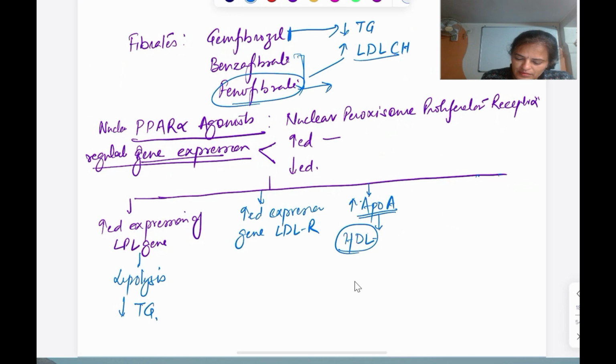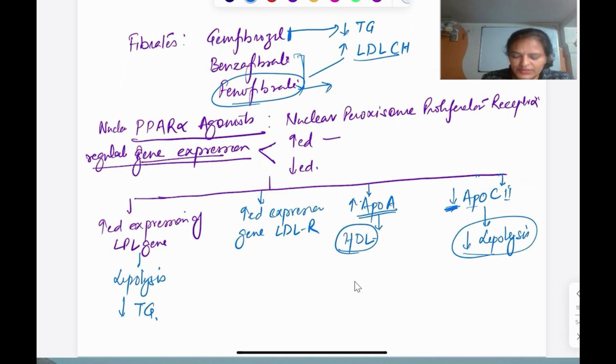Then it is going to decrease the expression of the gene which regulates ApoC. Now what does ApoC do? It decreases lipolysis. But if any drug decreases the level of this, then what will happen? There will be increased lipolysis.